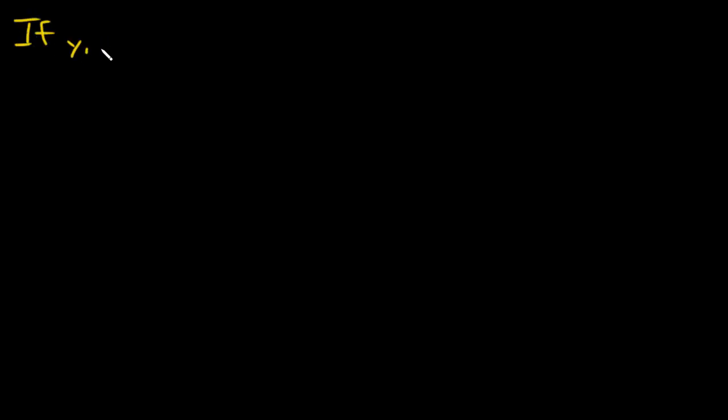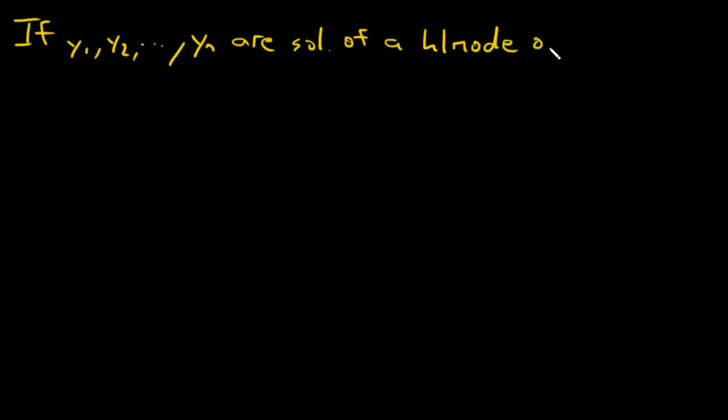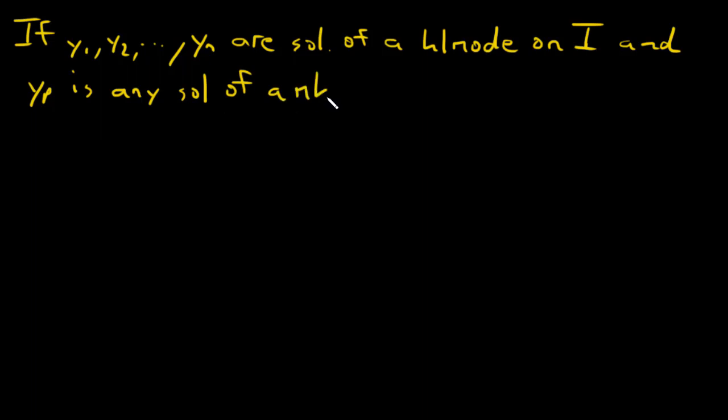If y1, y2, dot, dot, dot, all the way up to y sub n are solutions of a homogeneous linear nth order differential equation on I, and y sub p is any solution of a non-homogeneous linear nth order differential equation.